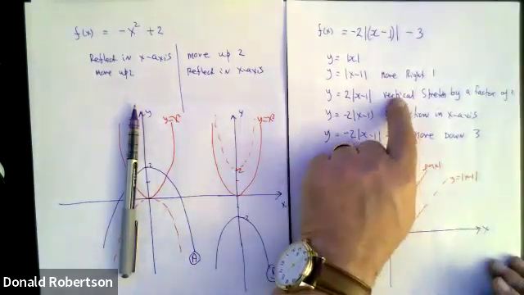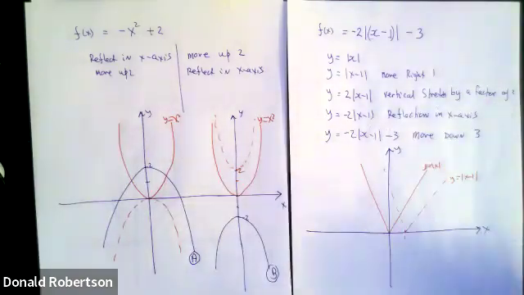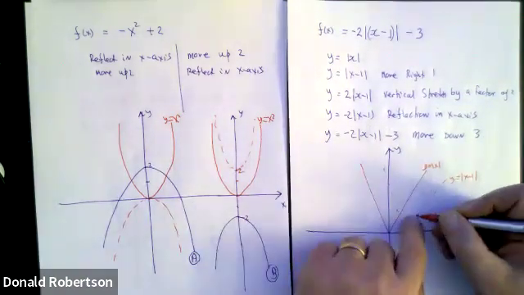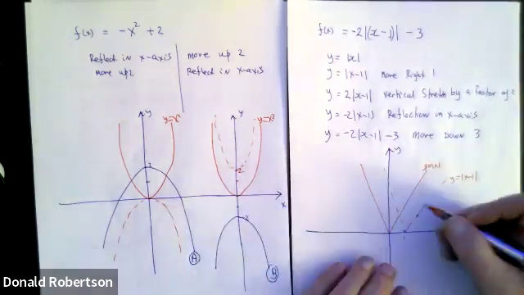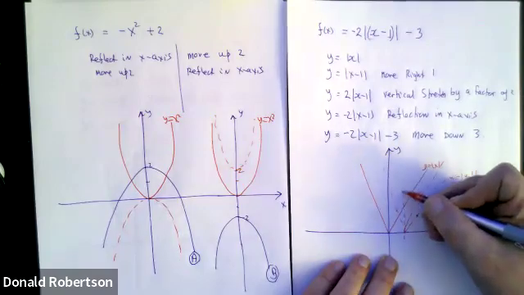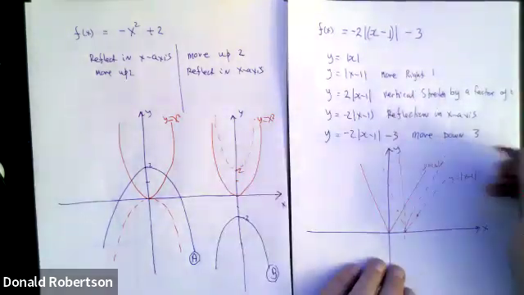Now, to do a vertical stretch, it's kind of hard to do a vertical stretch easily, but what you tend to do in a vertical stretch question is basically pick a few points and then take that and double it. So you imagine this shape. If you doubled all the points, you just get a very narrow, tall, skinny shape. It's a bit lopsided, but that's the gist of it.